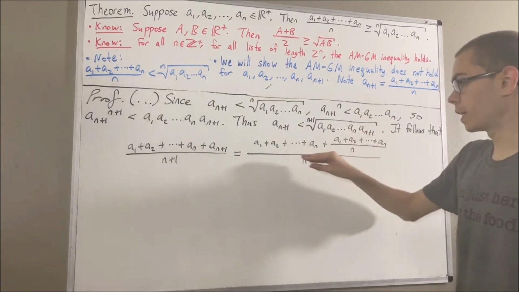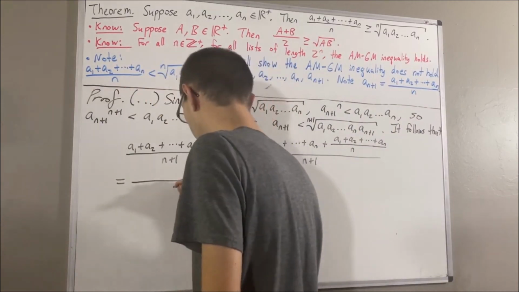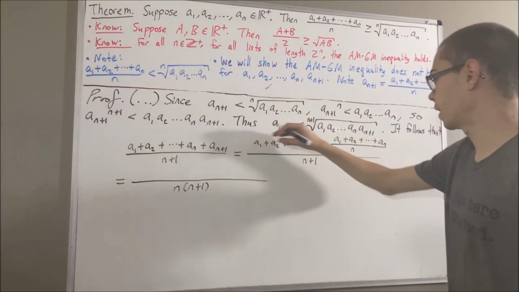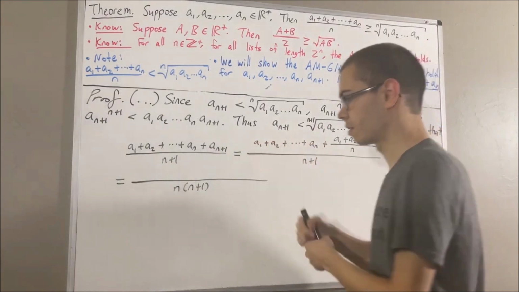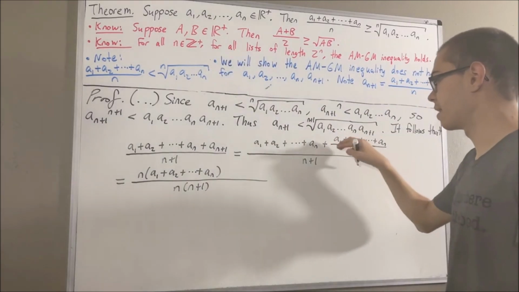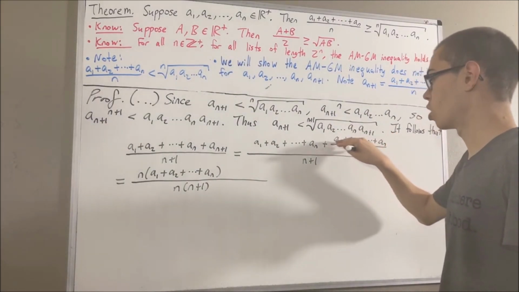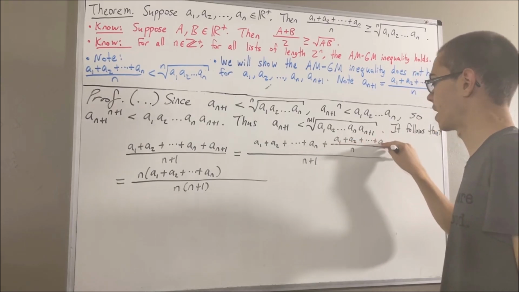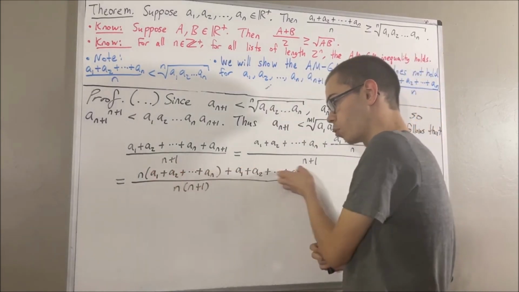Multiplying n in the denominator just gives us n times n plus 1. And multiplying n in the numerator, we're going to have n times all of this, and then plus n times this. The n's will cancel out, so we're just left with a1 plus a2 plus ... plus an. So, this is what we get.